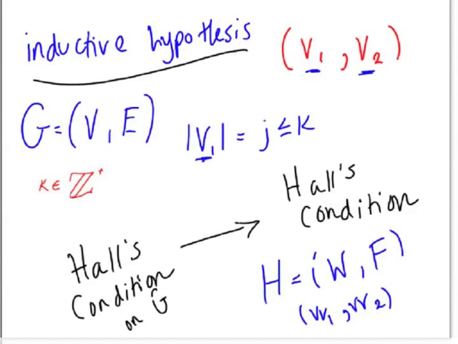And let's say that the cardinality of the vertex set W1 is equal to k plus 1 elements. And so to show this inductive hypothesis, we're going to do an inductive step with a proof by cases.